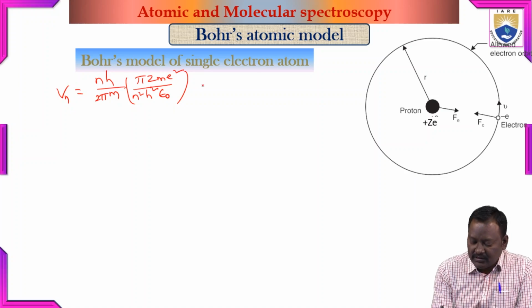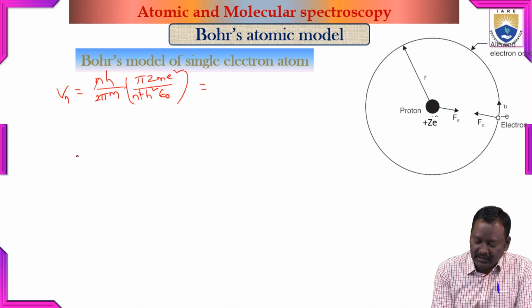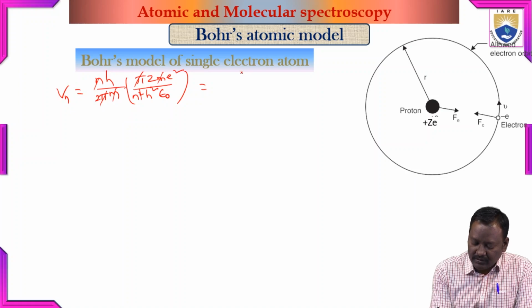So after simplifying this equation, that means cancelling n, m, and pi, we are going to get Ze square by 2 n h epsilon naught.